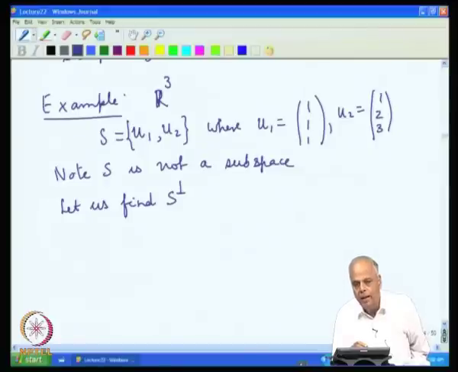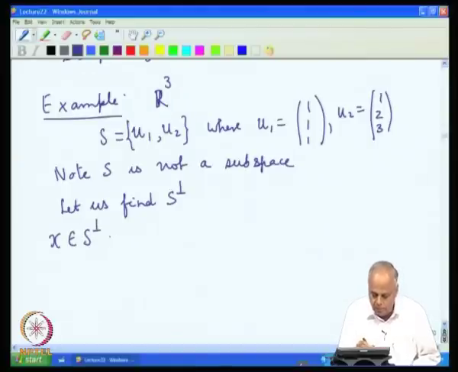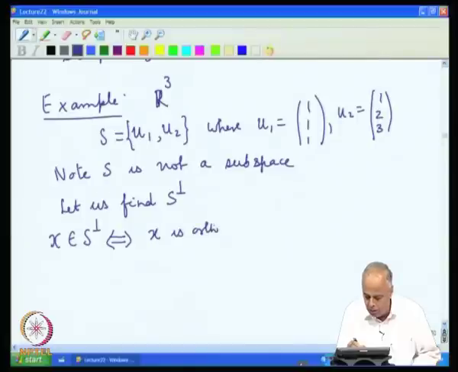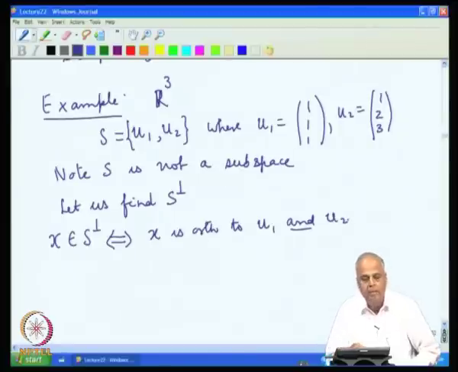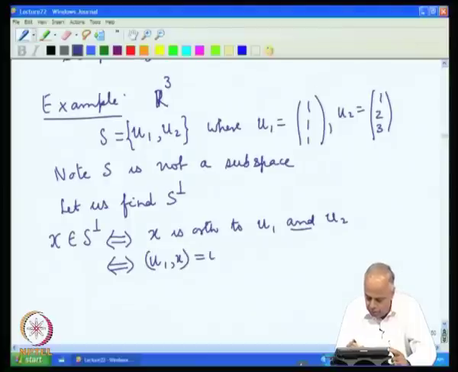What is S perp? S perp is the collection of all the vectors which are perpendicular to all the vectors in S. So, suppose a vector x belongs to S perp. This can happen if and only if x is orthogonal to u 1 and u 2, because a vector gets qualified to be in S perp only when it is orthogonal to every one of the vectors in S. That is, if and only if its inner product with u 1 must be 0 and its inner product with u 2 must be 0.